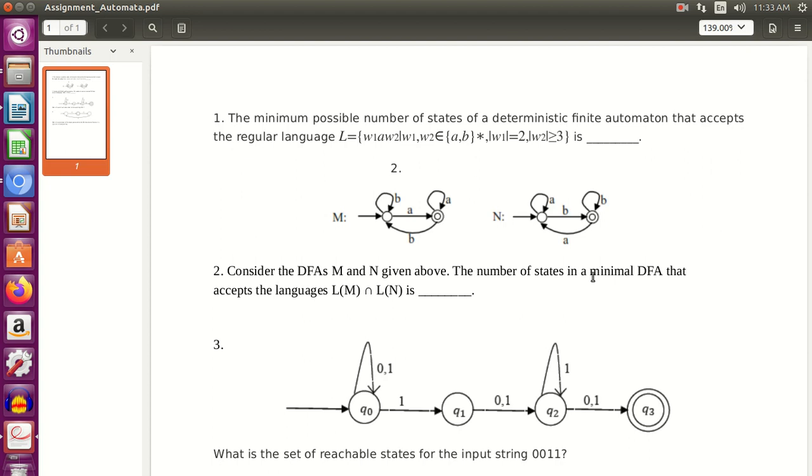Like, it can be equal to 3, it can be greater than 3 also, like 4, 5, 6, anything. So what you need to find over here is, you have to construct the DFA and find out the minimum number of states that you require to get this kind of a language.